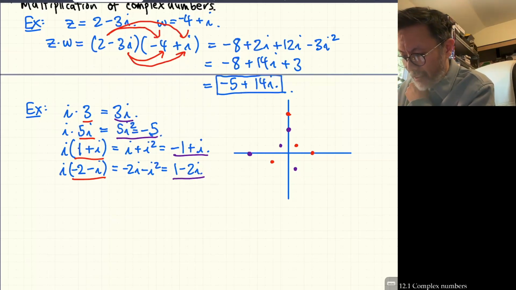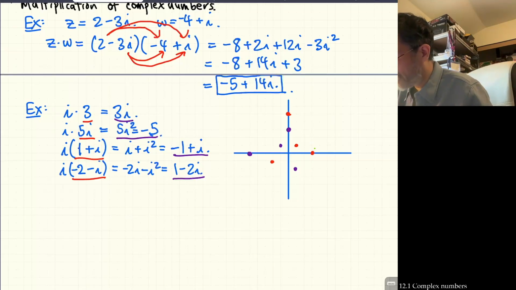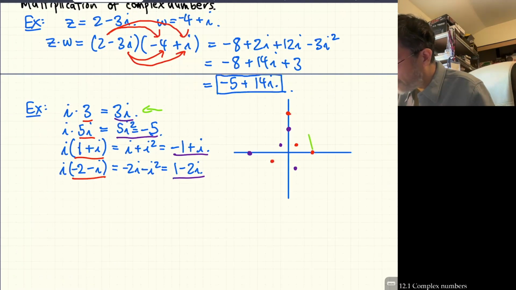It's kind of hard to see the pattern, but let me try to show you what's happening here. So here's 3. Let's go back to this one. When we multiply 3 by i, we get to 3i. So we get this going to here. When we had 5i, we multiplied by i. That went to negative 5, so it goes down like this.